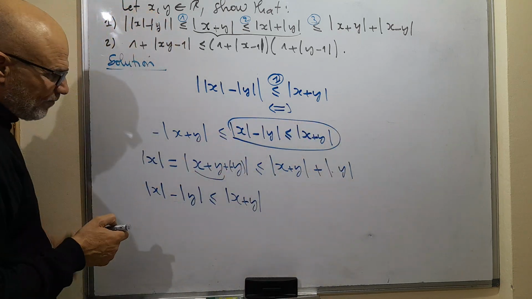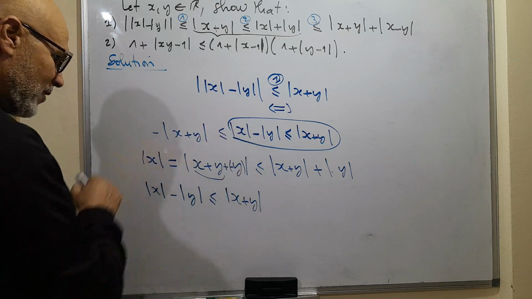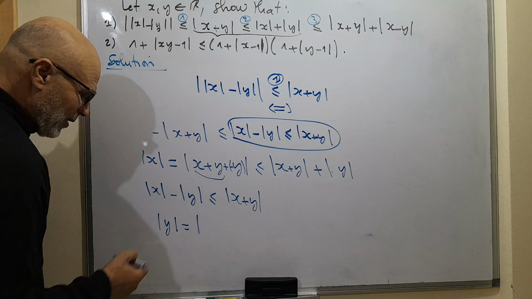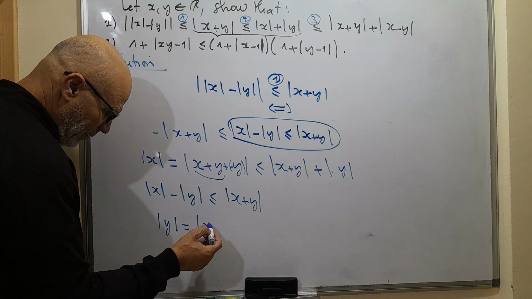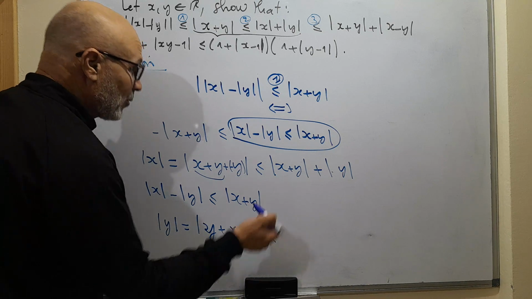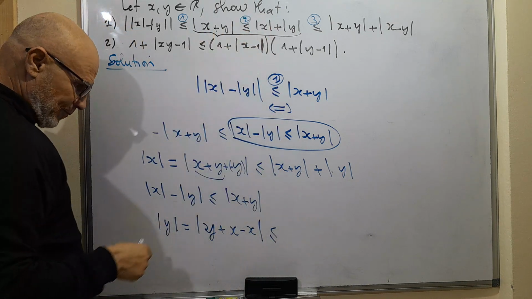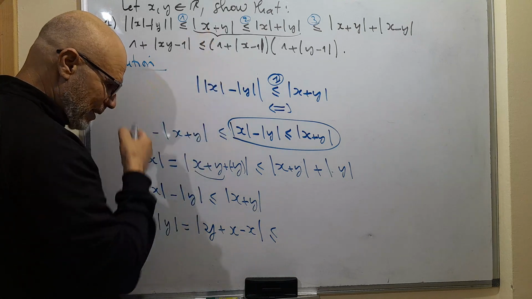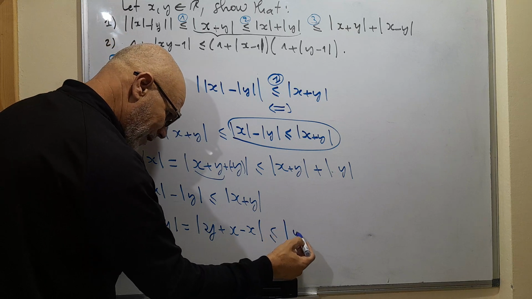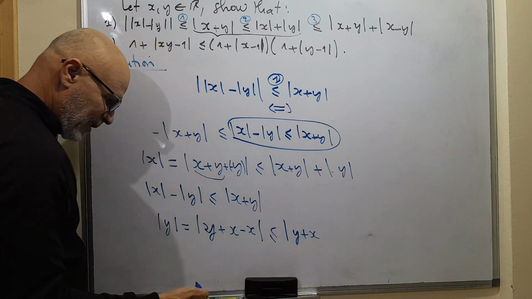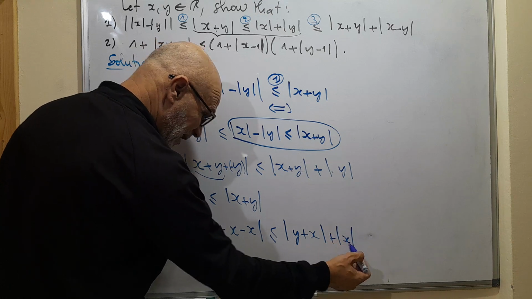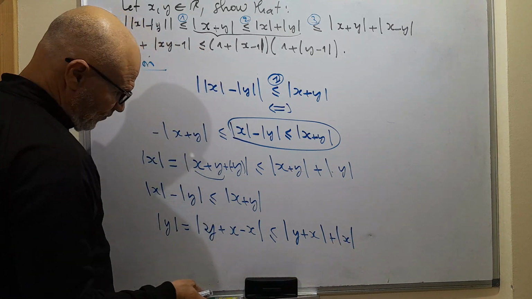This is okay. We need to prove this one. We start from the absolute value of y, which is equal to the absolute value of y plus x minus x, less than or equal to, we use inequality number 2, x plus y plus x, plus minus x, which is x.